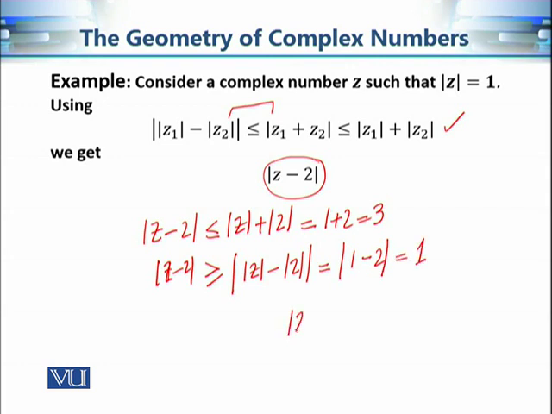So the modulus of this complex number Z minus 2 is less than or equal to 3, and greater than or equal to 1. So this is the lower bound of the modulus of this complex number, and this is the upper bound.